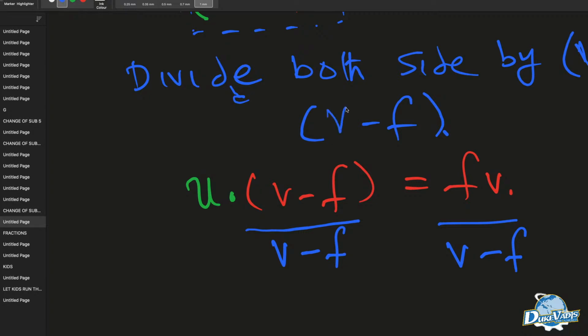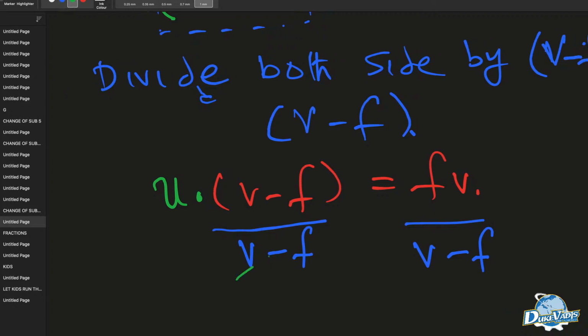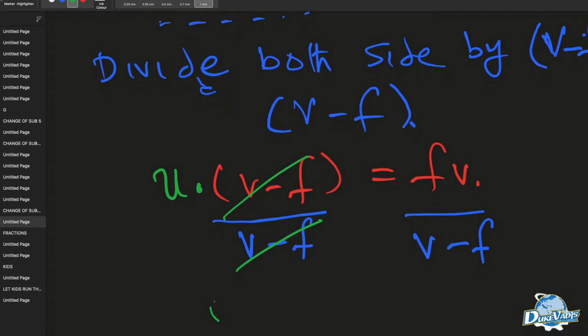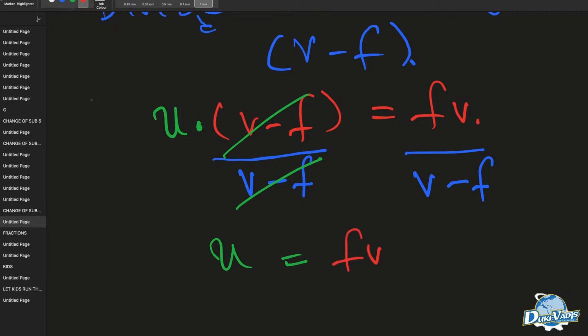Here, V minus F. Now, friends, as you can see, the V minus F will cancel each other, and we'll be left with U equals FV divided by V minus F. So you see, it's so easy.